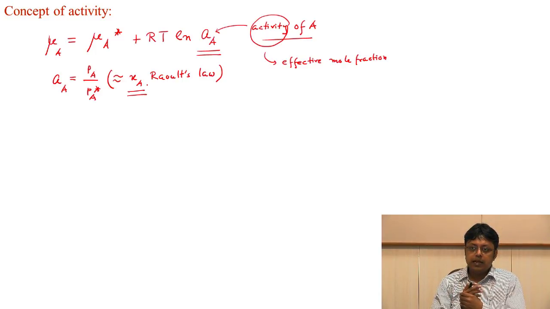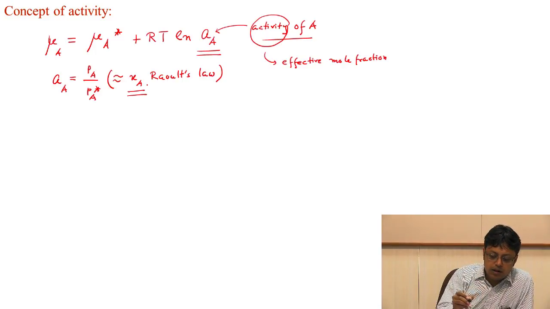And now we are saying that everything can be explained with this quantity, which is known as activity. It can be replaced by mole fraction only in the dilute solution.